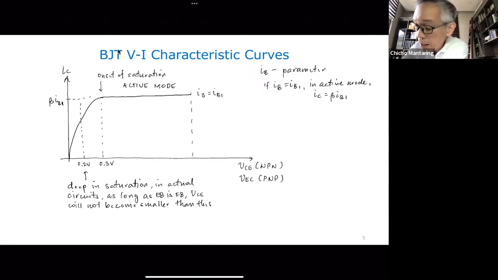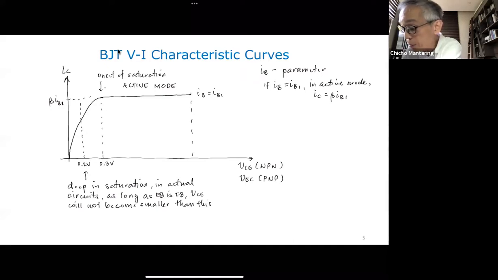In other words, hindi na bababa from 0.2 volts yung value ng VCE in actual circuits as long as your emitter base stays forward biased. I'm going to explain why later on, why it will not get smaller than 0.2 volts.